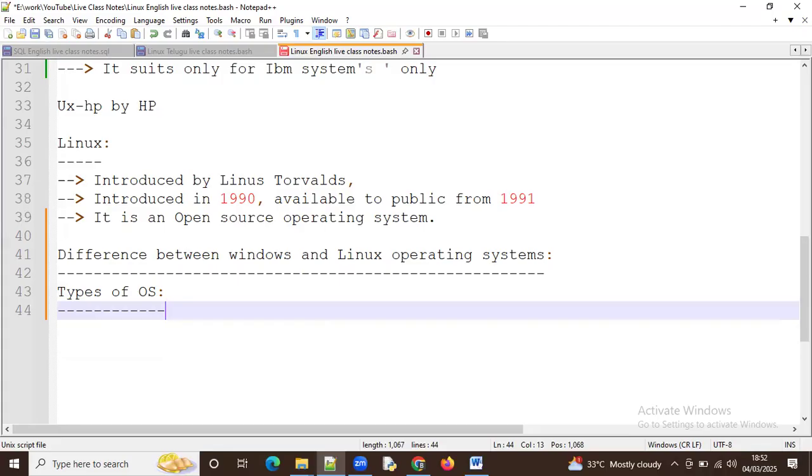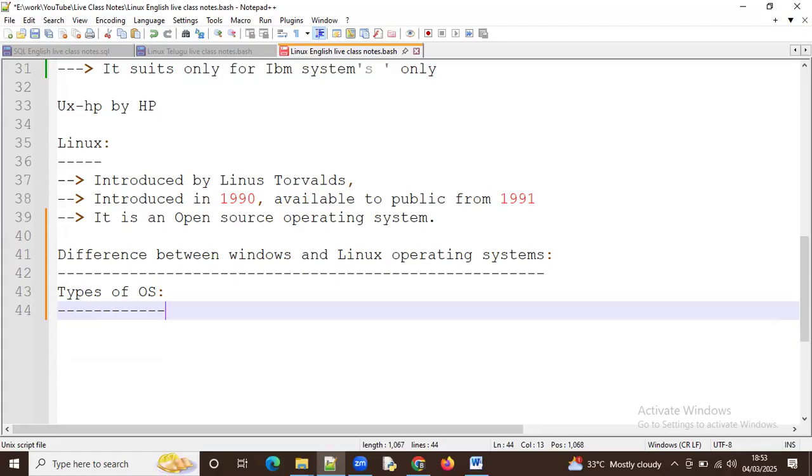Let's come to a real-time example. If you are at home and you have siblings like a brother or sister, let's consider you and your brother or you and your sister. You are using this system only for study purposes, and you have some applications or software like Linux, and also Chrome and YouTube.